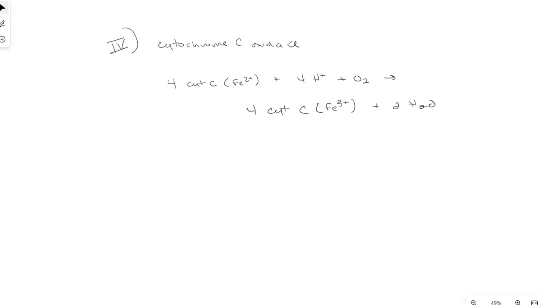And therefore, cytochrome C and molecular oxygen are the final destination for the electrons derived from the oxidation of food material.